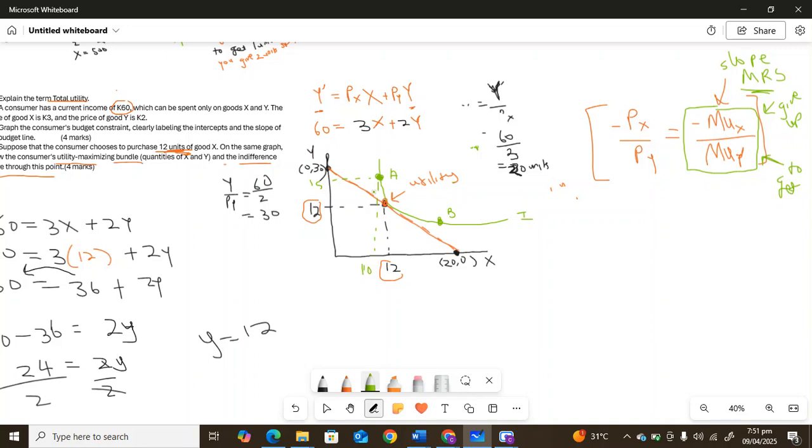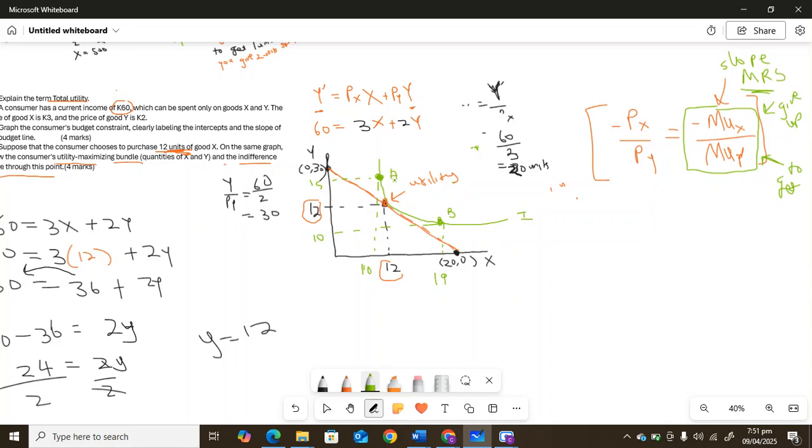The way we interpret coordinates on the graphs is the same as how we interpret them here. At point A, you are consuming 15 units of good Y and 10 units of good X. Right? At point B, 10 units of good Y and here let's say this can be 19 units of good X, right?